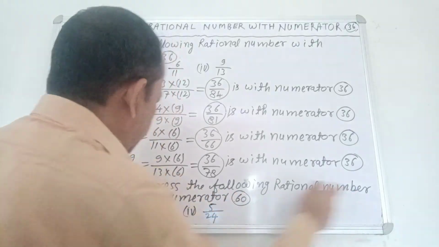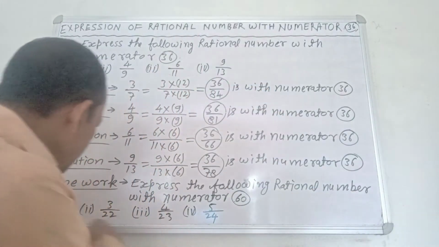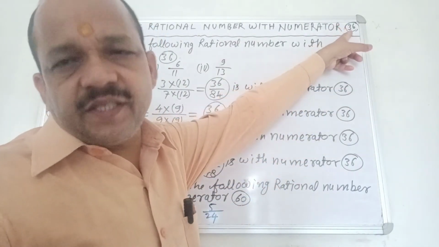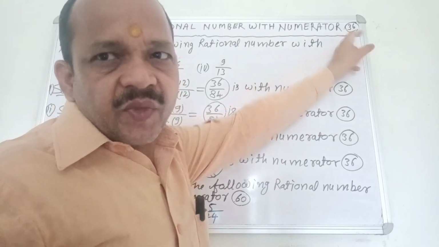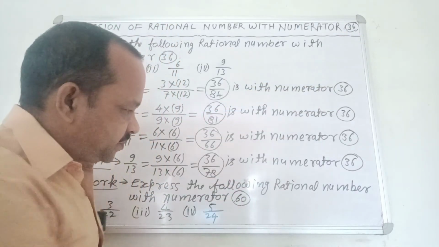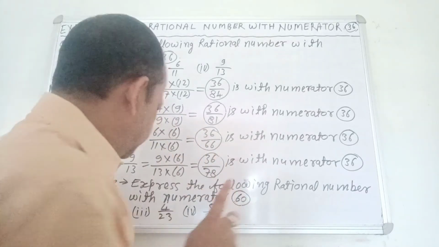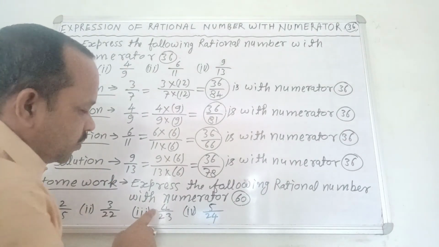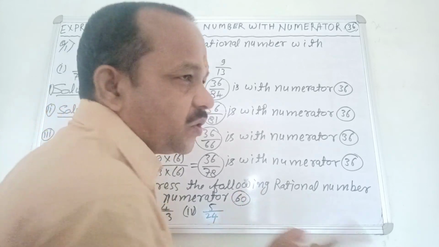Express the following rational numbers with numerator 60. Here numerator is 60 and in the example numerator is 36. I convert numerator into 36 and you convert into 60. Clear? First 2 by 25, second 3 by 22, third 4 by 23, fourth 5 by 24.